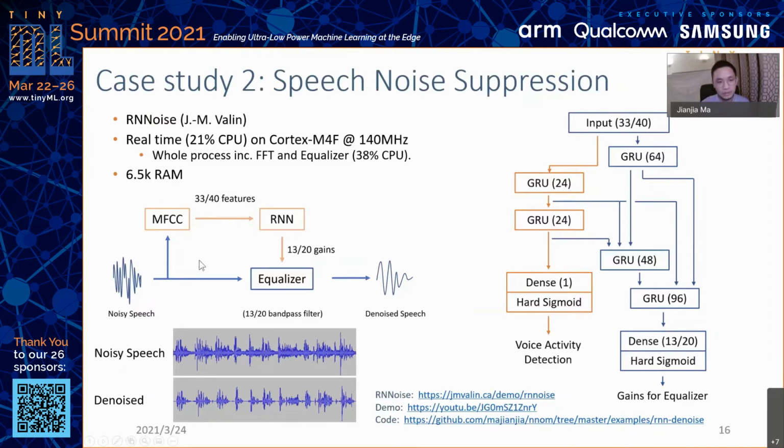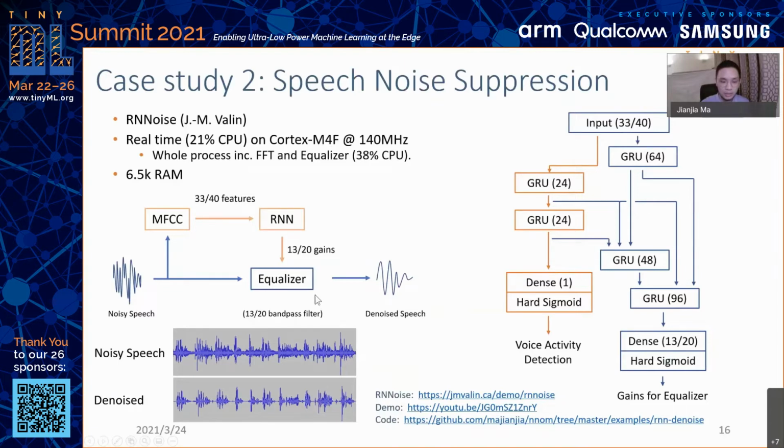First, we calculate the MFCC features from the noisy speech. Then we feed the features into the RNN model. The model will output a few different gains. Each gain represents a frequency band, indicating whether that band contains human voice or noise.